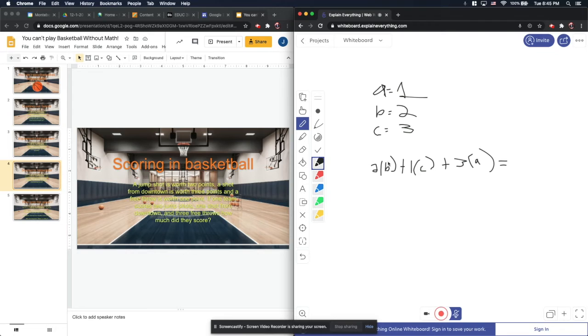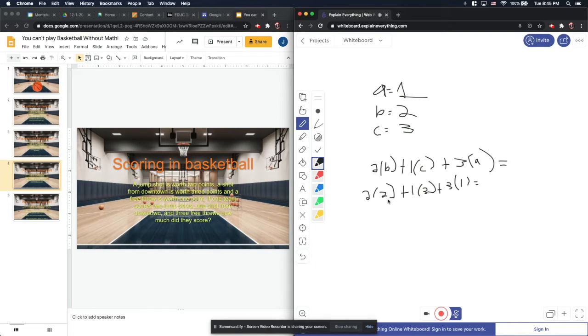So now we can kind of simplify this since we have our values up here. We have 2 times 2, plus 1 times 3, plus 3 times 1.